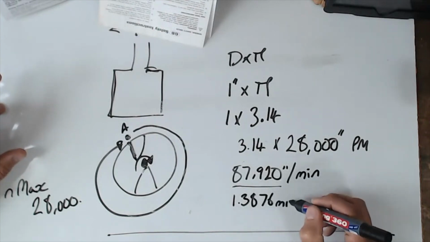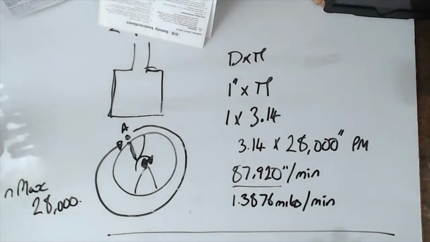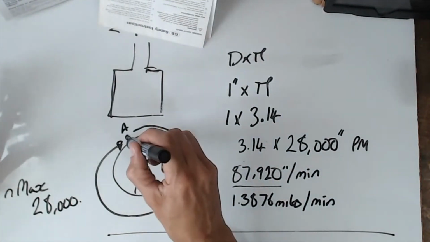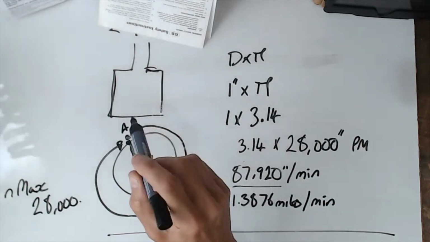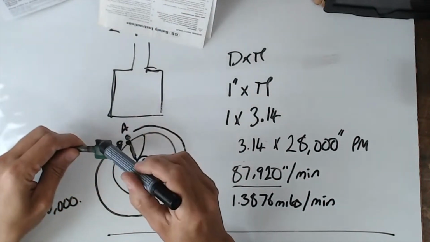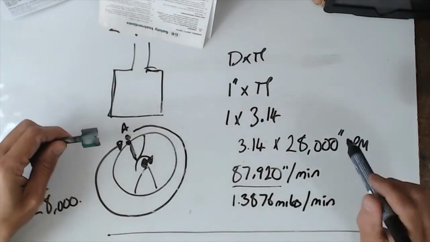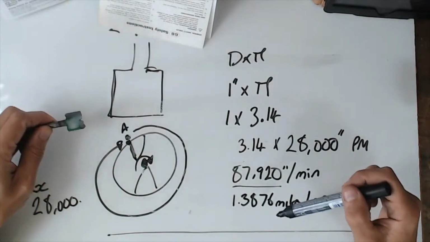So every minute, that little corner of that knife, which is this edge here, after 60 seconds will effectively have travelled 1.3876 miles.